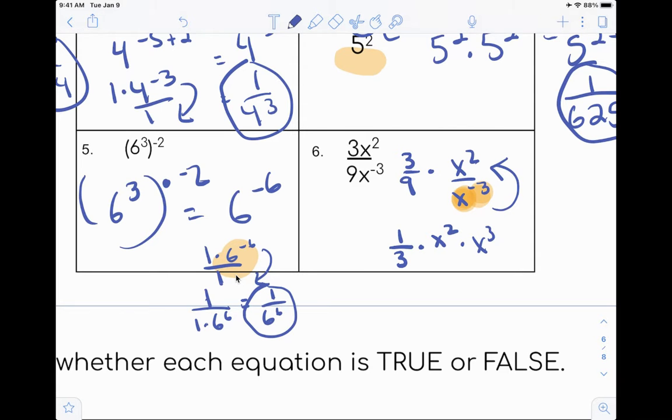And when bases are the same and I'm multiplying, I add the exponents. So now I have 1/3 x to the 5th power. That was a very challenging problem. It used several of the laws of exponents.